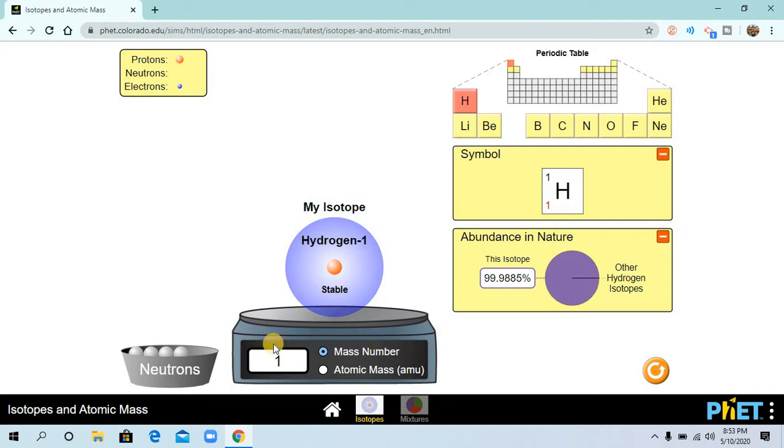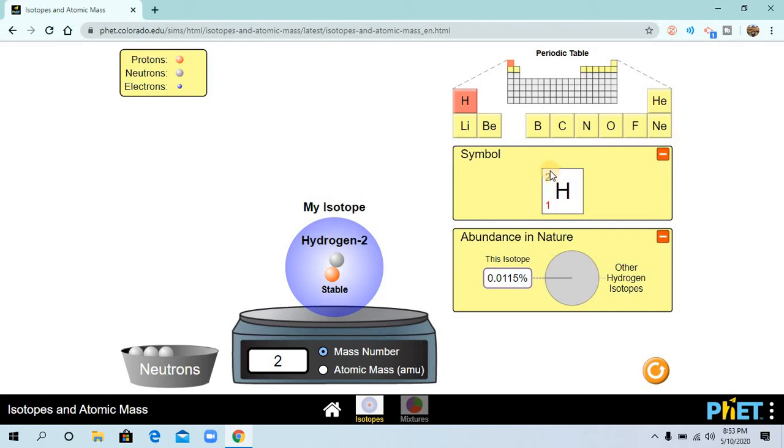Now for the next one. In the case of isotopes, the number of protons and electrons are the same, but the difference is with the neutron, because by adding neutrons you increase the mass by 1 atomic unit. When you add a neutron, the hydrogen 2 isotope is formed, and you can see the symbol over here, 2H1.